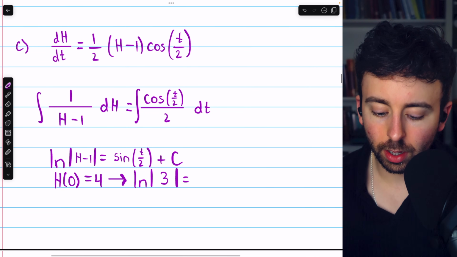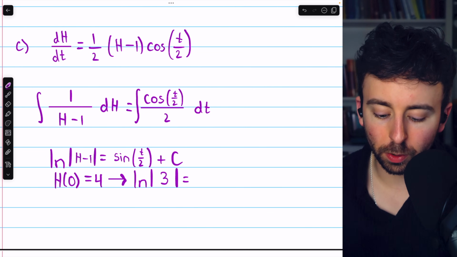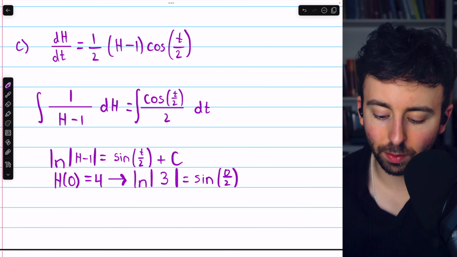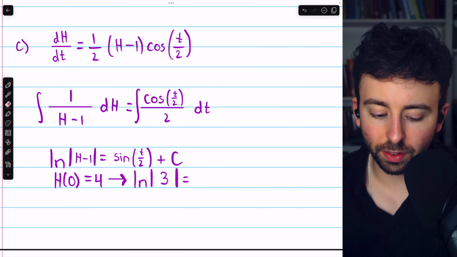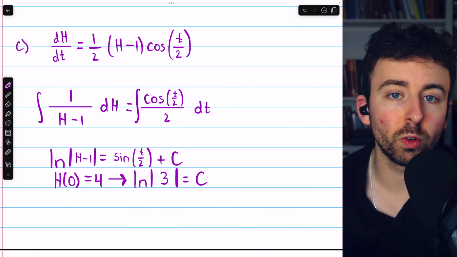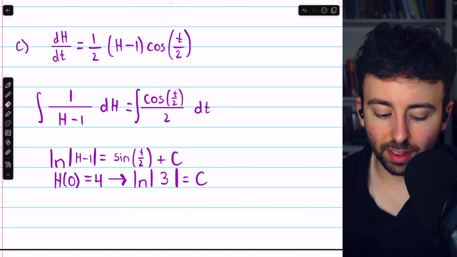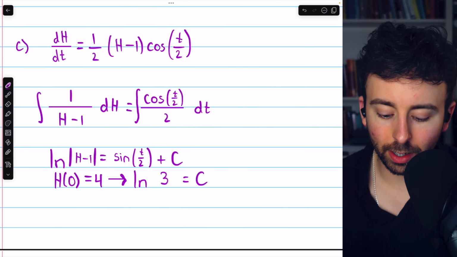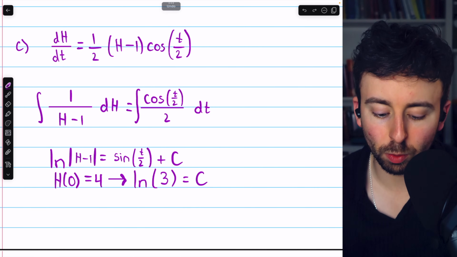And this is equal to 2 sine of t over 2, but we're plugging in t equals 0, so that's 2 sine of 0 over 2, and sine of 0 is just 0. So we're really just left with the arbitrary constant c. And of course, the absolute value with the natural log, we don't need that because 3 is positive. So c is equal to the natural log of 3.